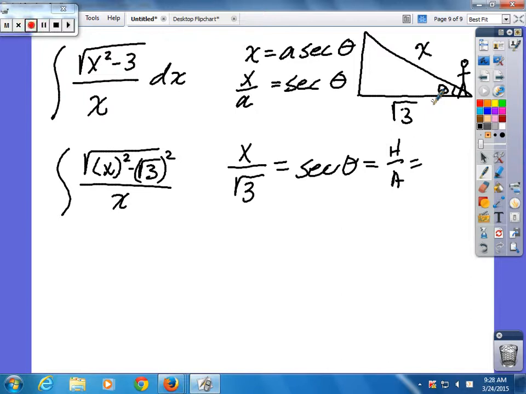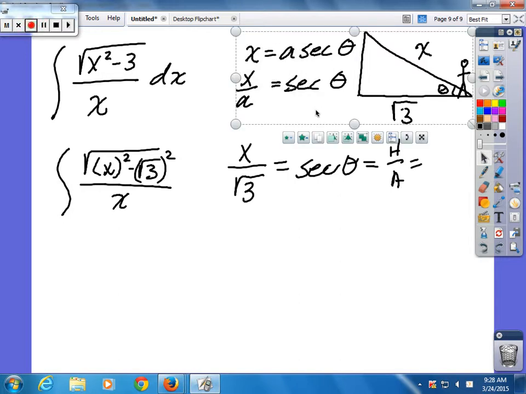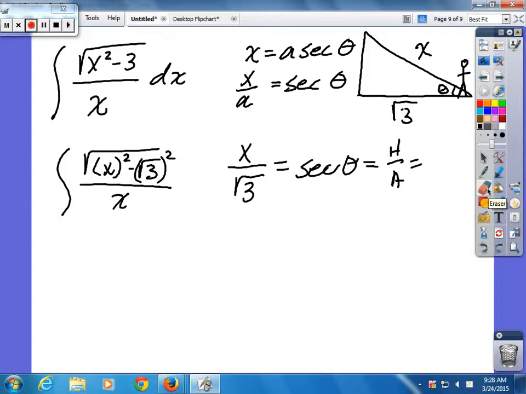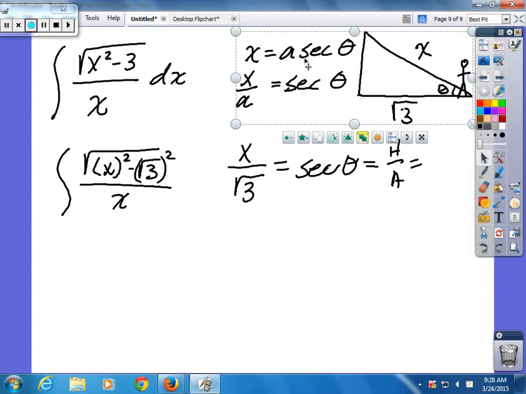So it matches up. So what is your opposite side? Square root of x squared minus 3, right? Yes, you class. Didn't want to erase that.